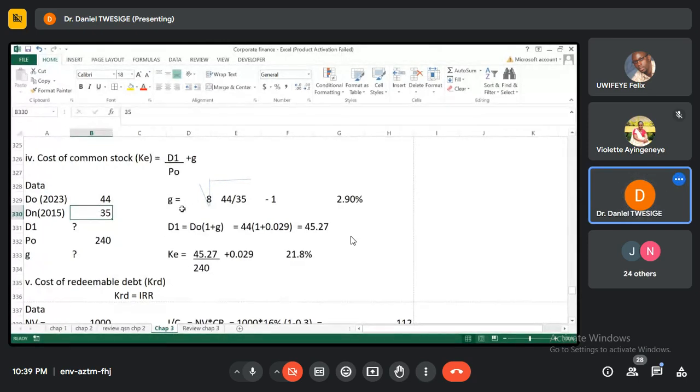So we used the arithmetic model to compute the growth rate. Is it okay? Yes, sir. Can we move on?